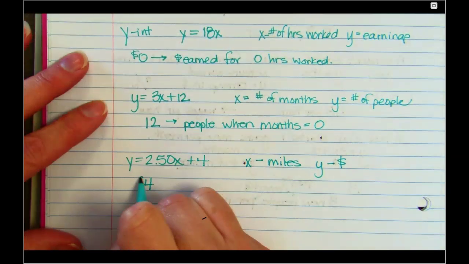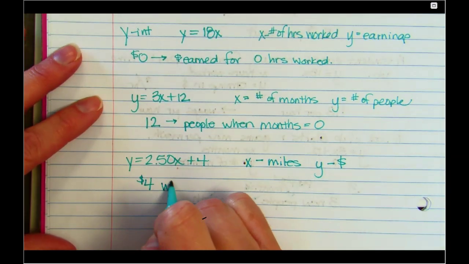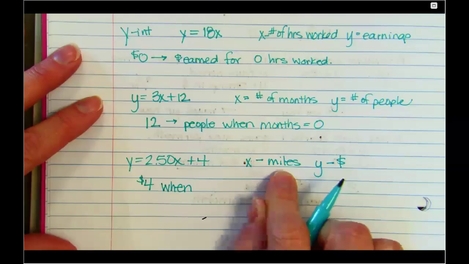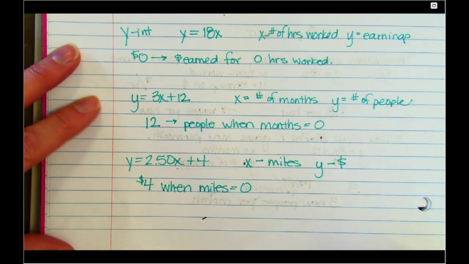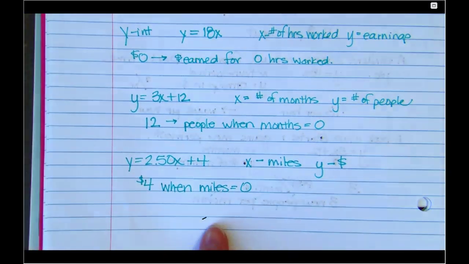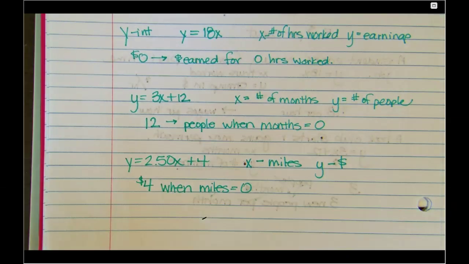So it's $4 when miles equals 0. Okay, that's mathy. It would be acceptable on a test. But what's that tell you? You have to pay $4 just to get in the taxi, that's their pickup fee, and then they're going to charge you $2.50 a mile.